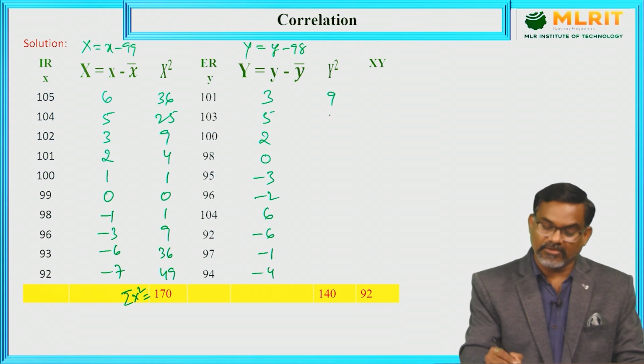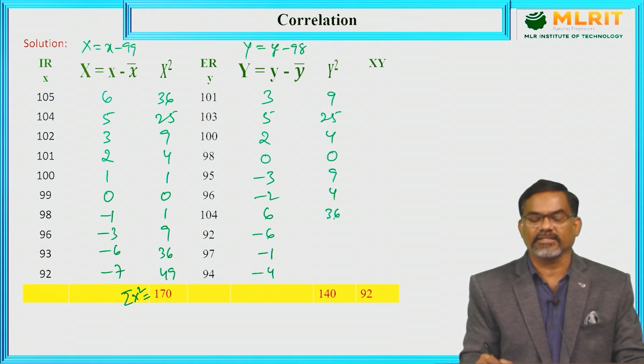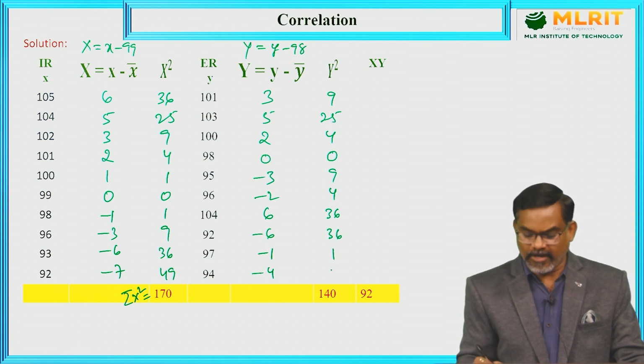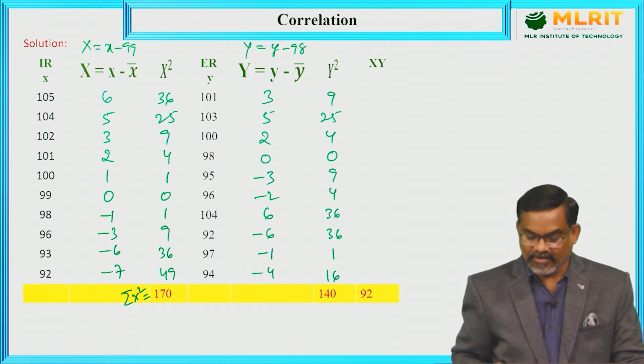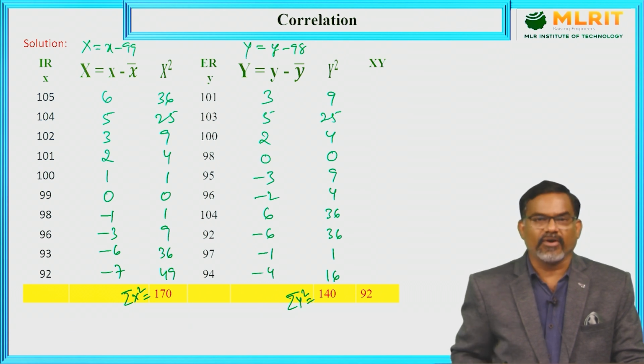Now square the values: 25, 4, 0, 9, 4, 36, 36, 1, 16, and the total sigma y square is 140 here.